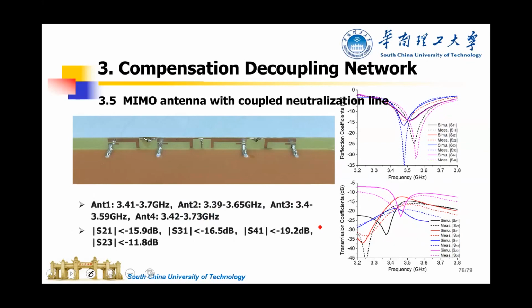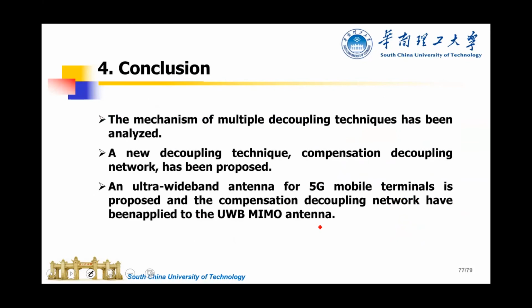Okay, finally, I give the conclusion now. In this talk, the mechanism of coupling and decoupling techniques have been analyzed. Also, a new decoupling technique we call the conventional decoupling network has been proposed.